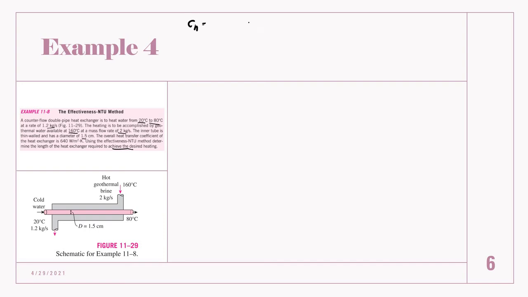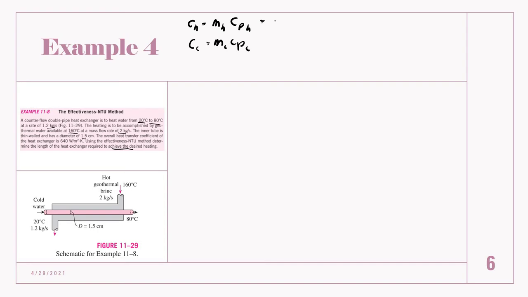So CH is equal to MH CPH. Previously we just used the specific heat capacity, but this time we need to calculate the heat capacity, so CH and CC, where CC is MC CPC.